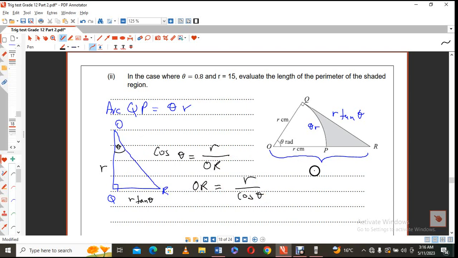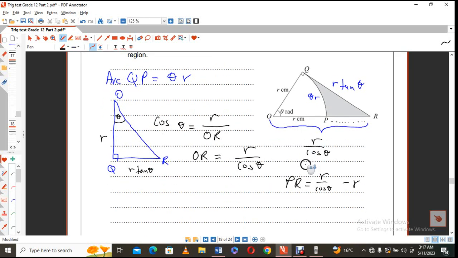So if we have this distance r over cos theta, and I'm looking for P to R, then PR is going to be this r over cos theta minus r. I hope you can see that, minus this OP. That's going to give me that distance. So now it's just a matter of adding them and replacing them.